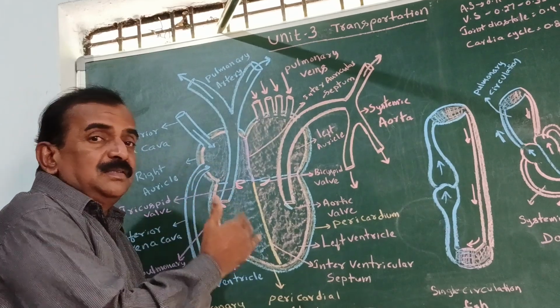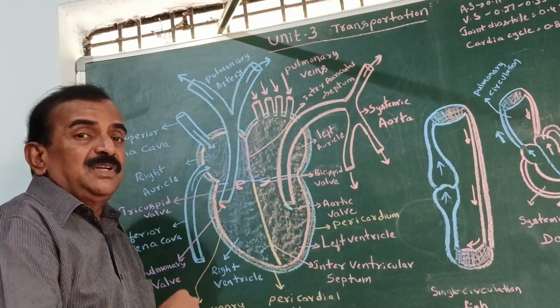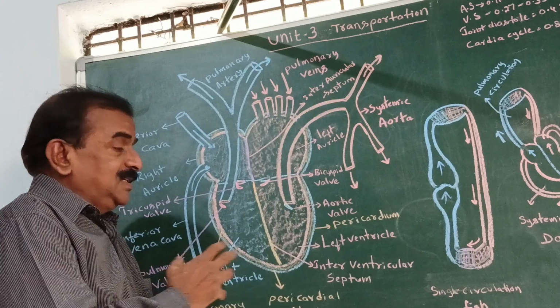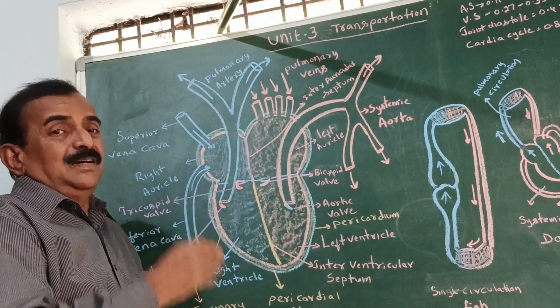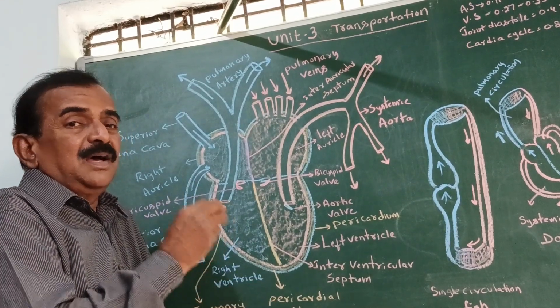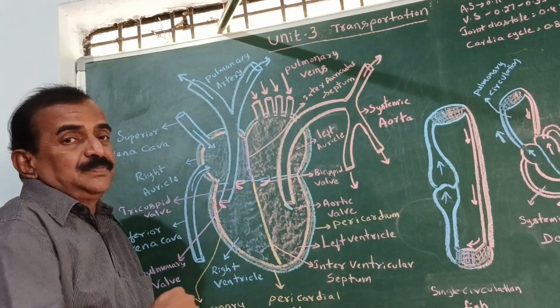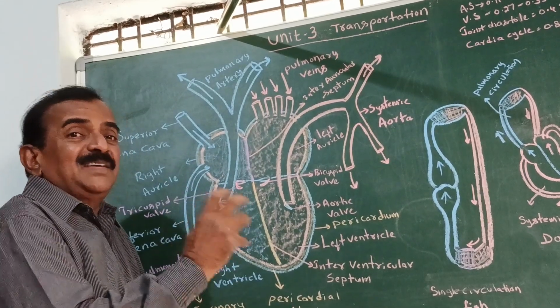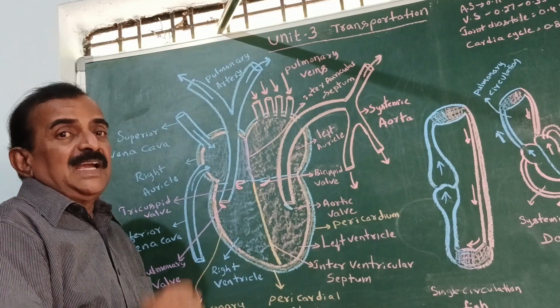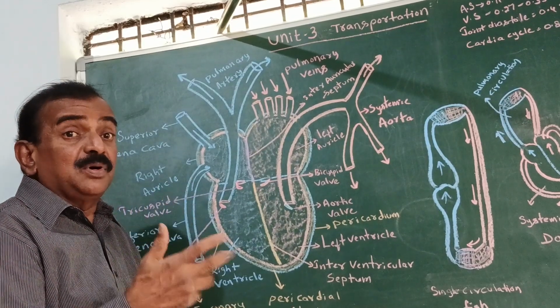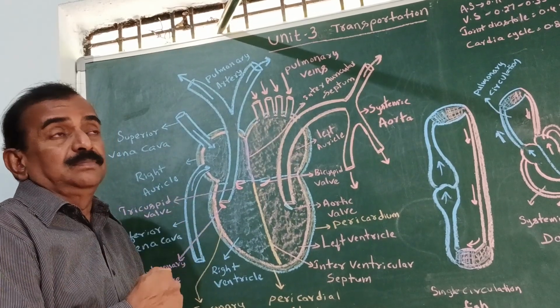Here on the green board you are observing what? A heart. This is a mammalian heart, a human heart, a goat heart or a sheep heart. Mammals have this type of heart, and the heart is called a pumping organ, and it pumps blood to all parts of our body.